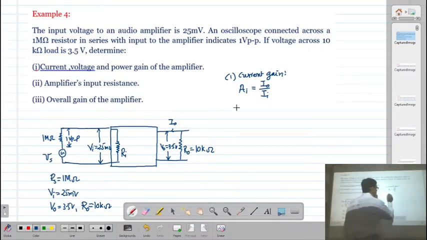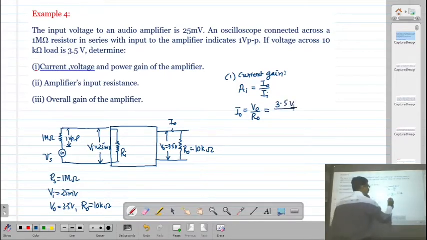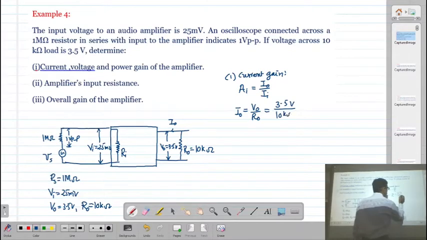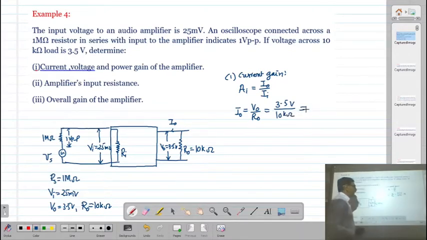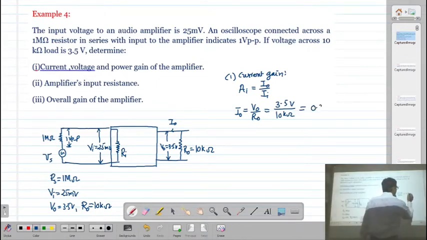So V is equal to I into R, so I will be equal to V by R. So we have the output voltage divided by the output resistance. This is 3.5 volt and the resistance is given as 10 kilo ohm. So if you calculate, this will come out to be 0.35 milliampere.